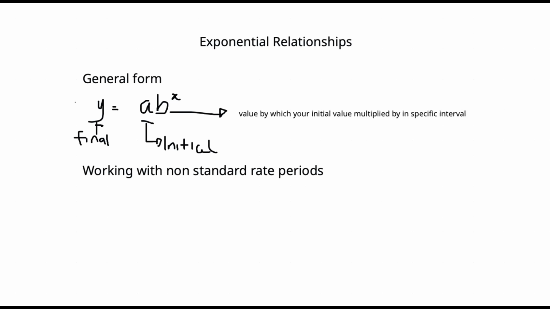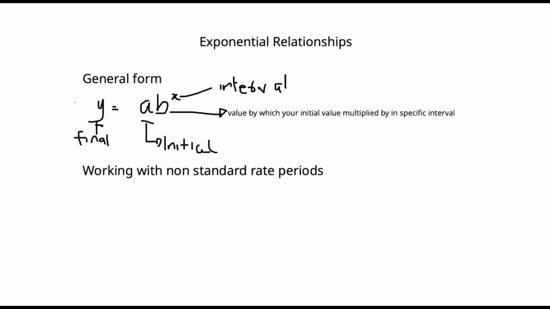And your x will be the interval. Your x here will be the interval or the time period within which your multiplication is happening. So I hope this is clear for now.